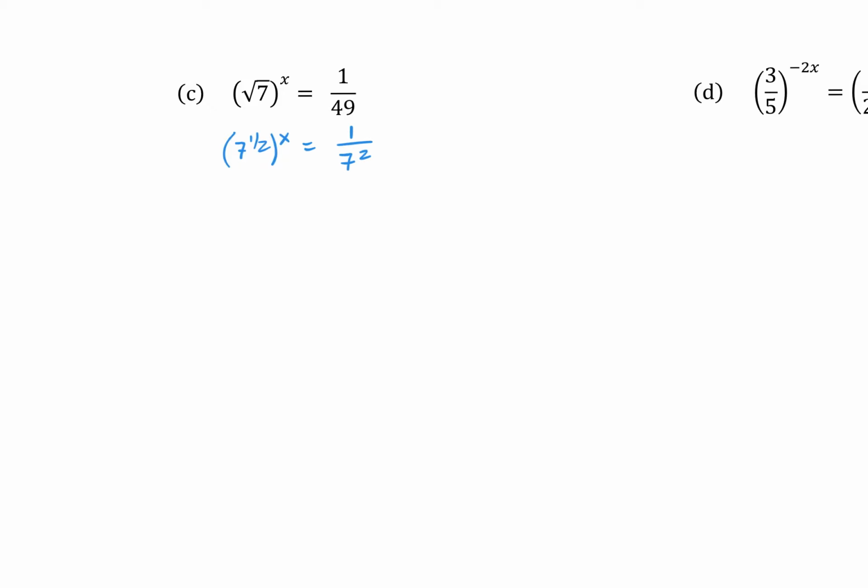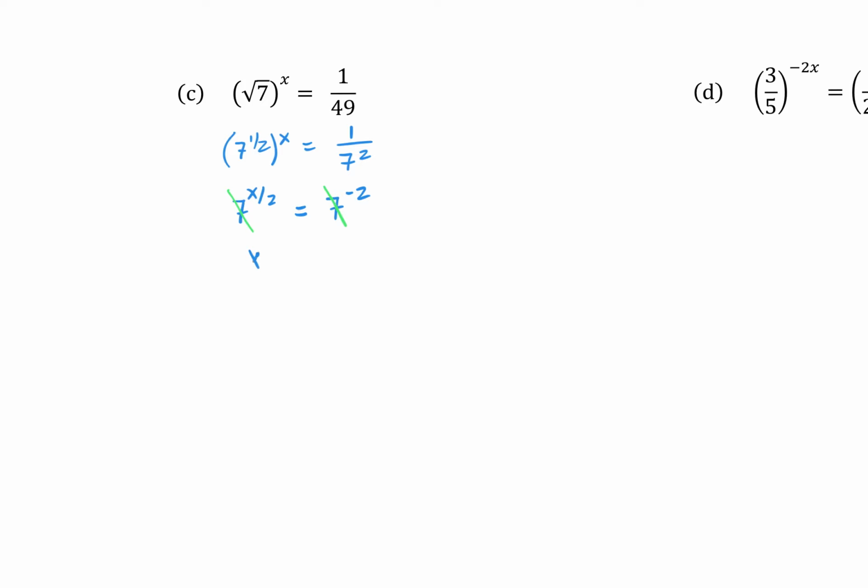So I'm trying to get them to both have base 7 on either side of the equal sign. On the left, to get rid of the parentheses, I would multiply 1/2 times x, and that's simply 7 to the x over 2. And then on the right, I'm going to flip and make this a 7 to the negative 2 power, so that I have the same base 7.